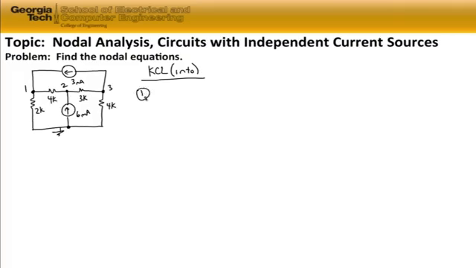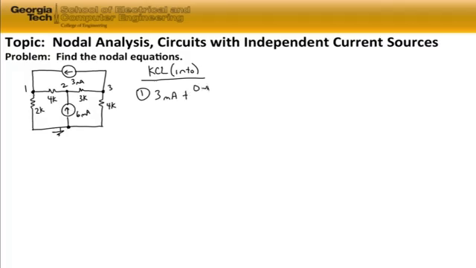If we sum the currents into node 1, we have the 3 milliamps flowing into node 1. That's our first term. We have current flowing up through the 2 kilo ohm resistor from the bottom to the top. It starts at 0 volts and goes to V sub 1, the nodal voltage at node 1, divided by 2K.